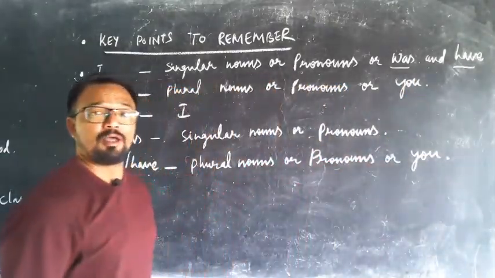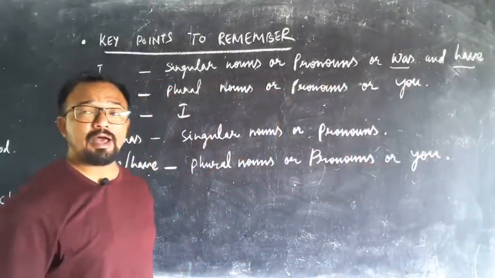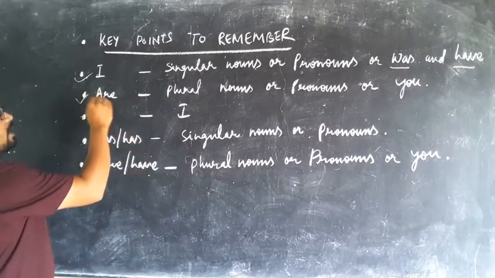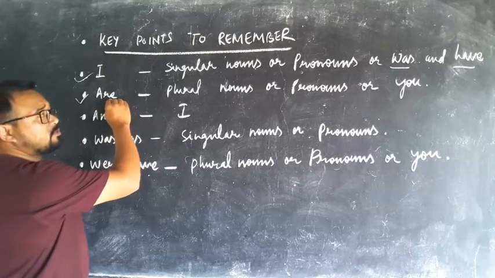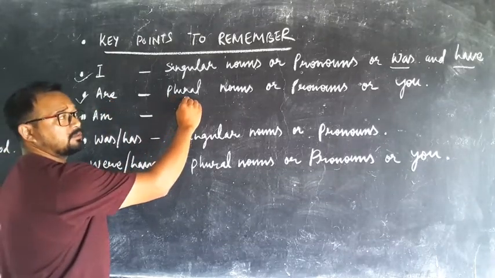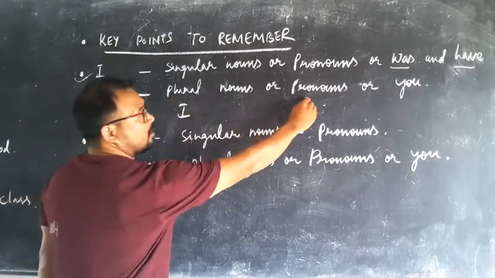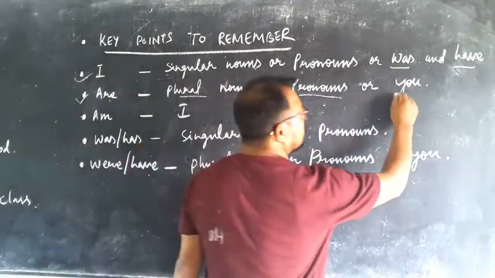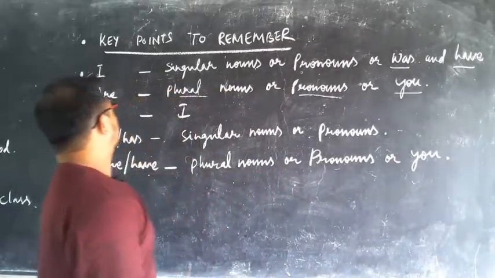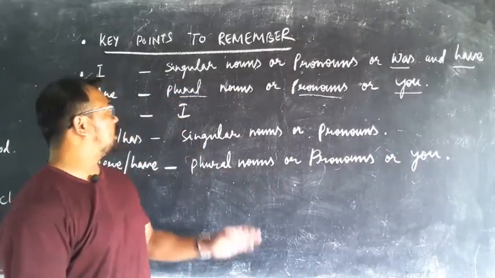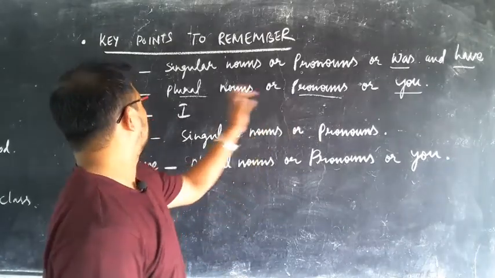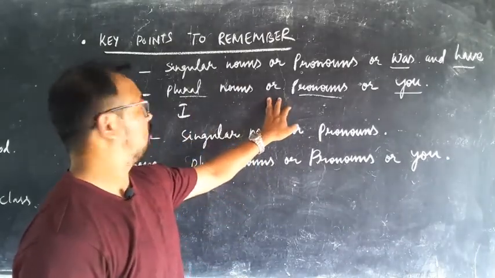Like you can say I was, I have. Okay, next one, the word are can be used with plural nouns or pronouns, or you can use with the word you, like you are. You cannot say you is, you was, but you have to say you are.